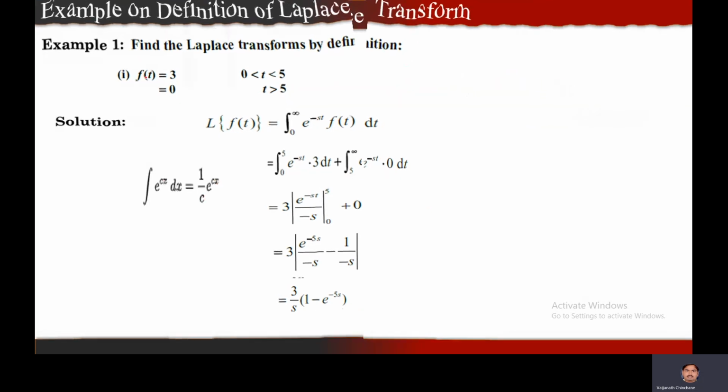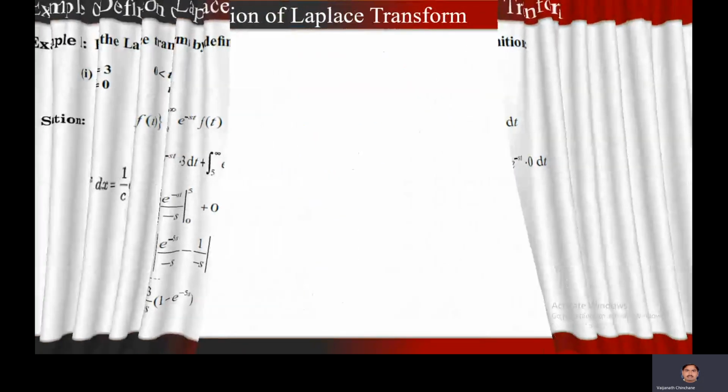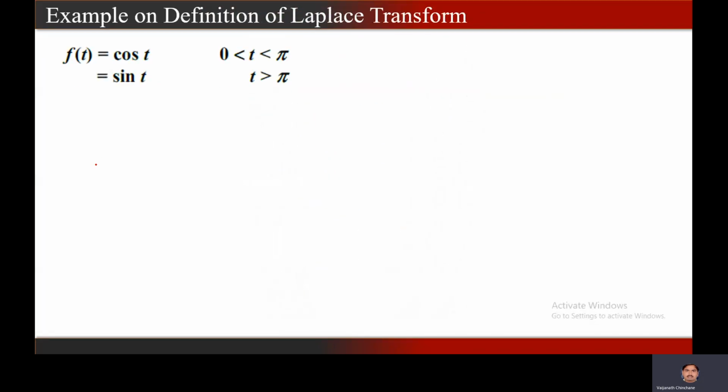Now we see the next example. Second example: f of t is equal to cos t or sin t. The f of t has value cos t when it lies between 0 to pi, and the f of t has value sin t when t is greater than pi, meaning from pi to infinity.